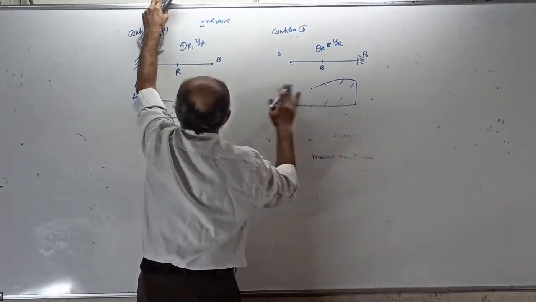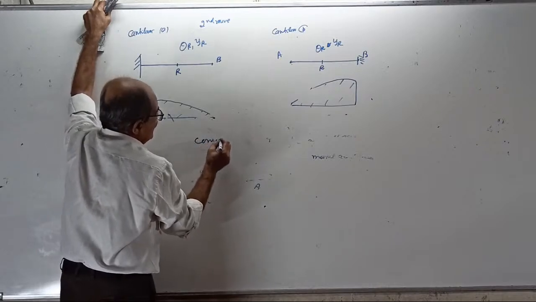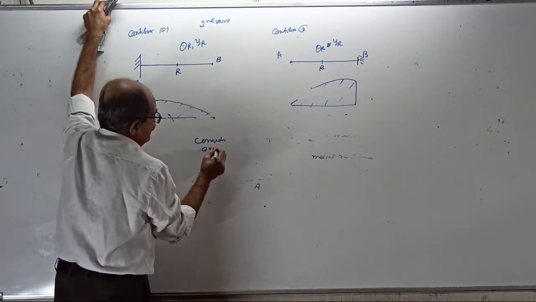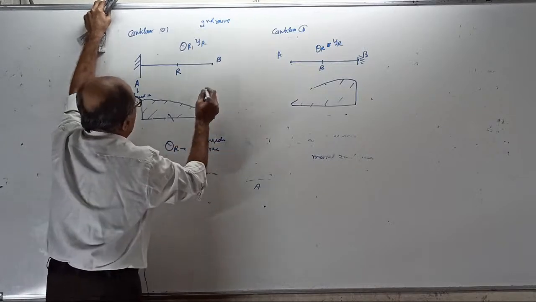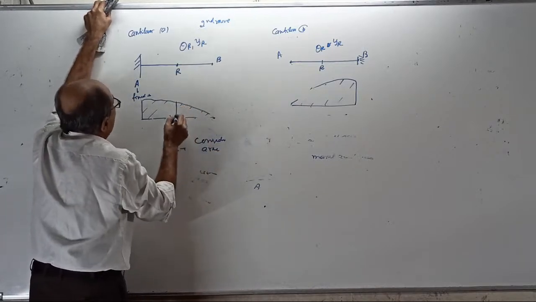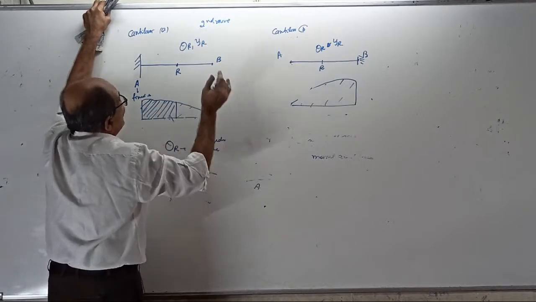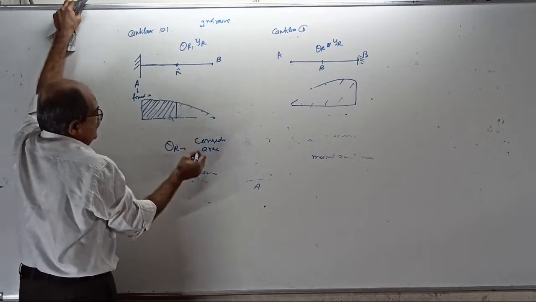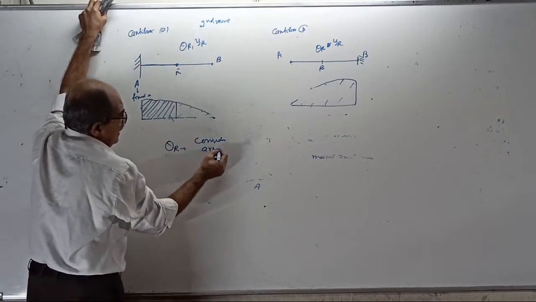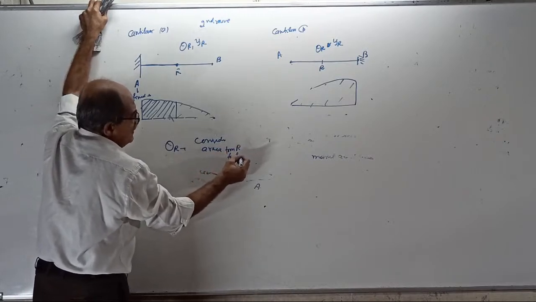Then, this is a BMD. Consider the area for theta at R. Consider the area from R up to the fixed end. Don't consider other areas, because from where you want, go to the fixed end.